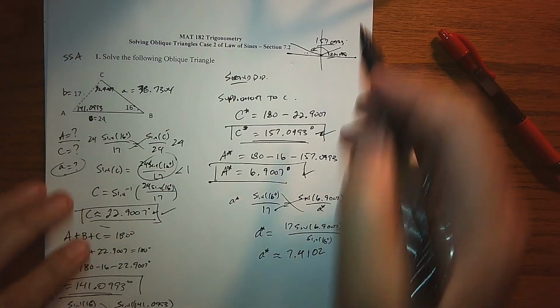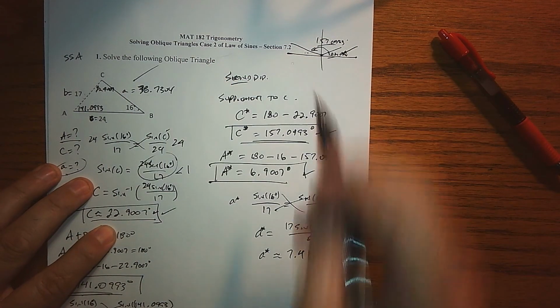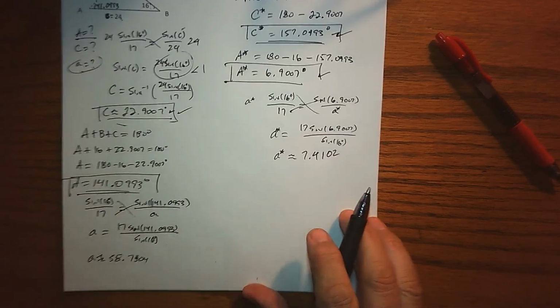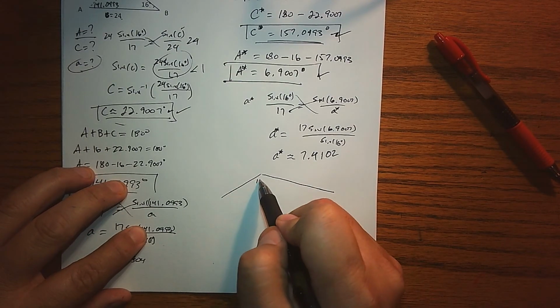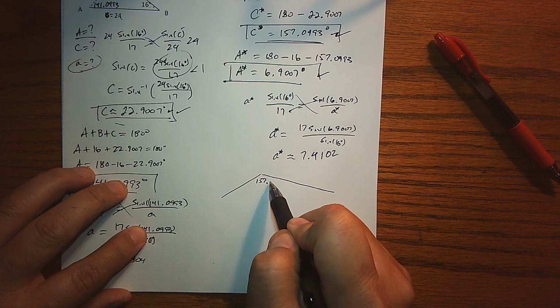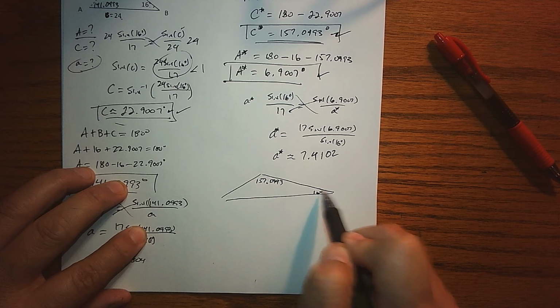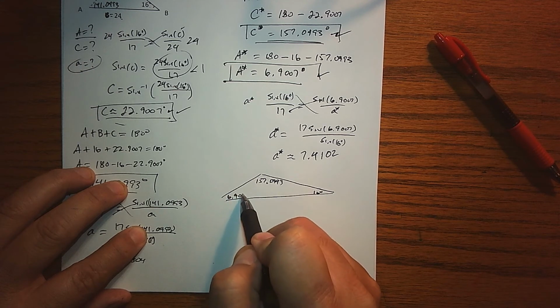So there are actually two angles here because the math works. The angle that I get in quad 1 creates a triangle, and the angle that I get in quad 2 creates another triangle. This one would be this guy right here. So C is a pretty big angle, 157.0993. B is still 16 degrees, and A is really tiny, 6.907 degrees.